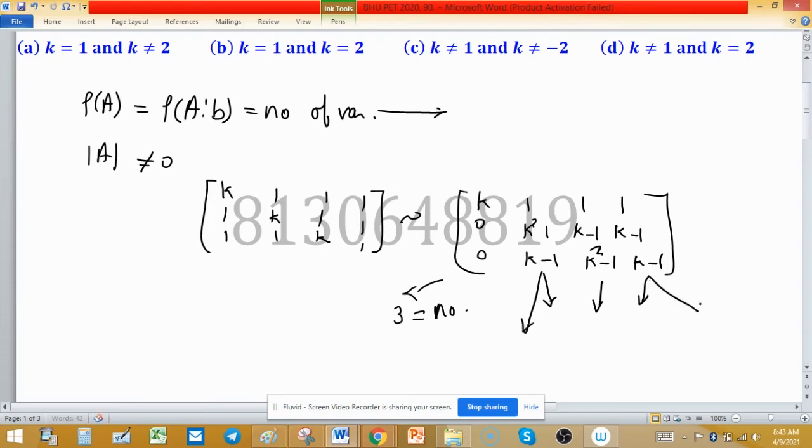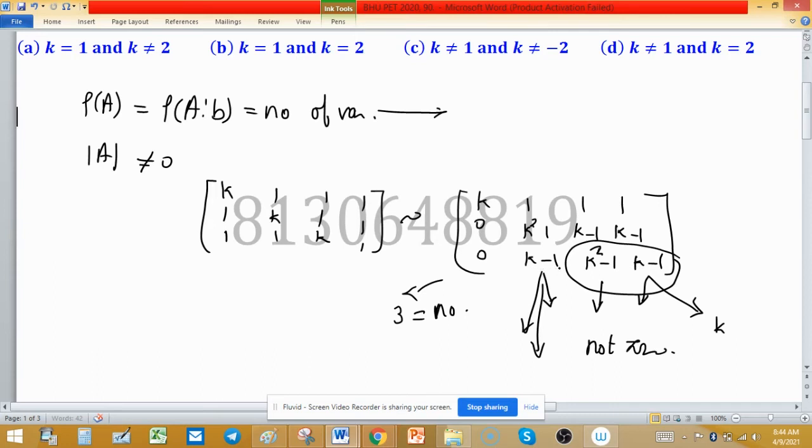Suppose this is either 0 or not 0. If this is not equal to 0, then this matrix becomes a full rank matrix, and anyhow we can make this entry 0 by elementary row operations or the elimination process. The most important thing is that these two entries will help us draw a conclusion.